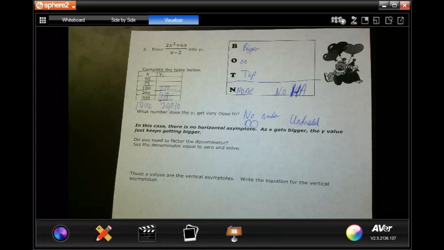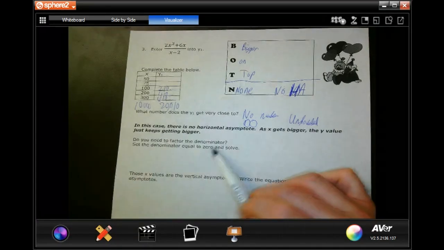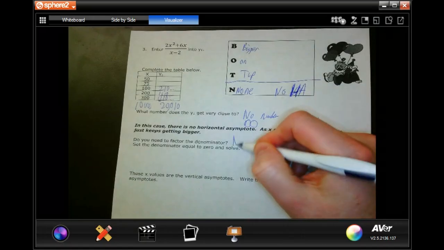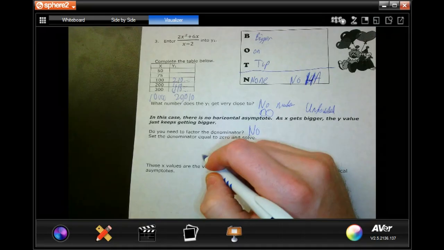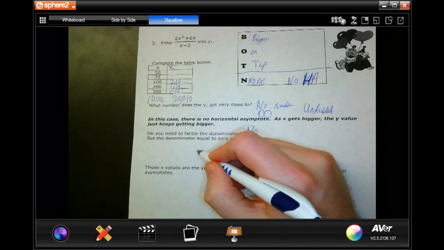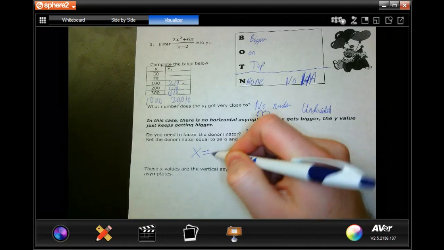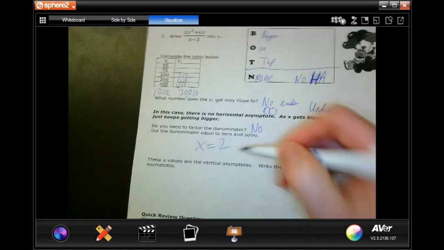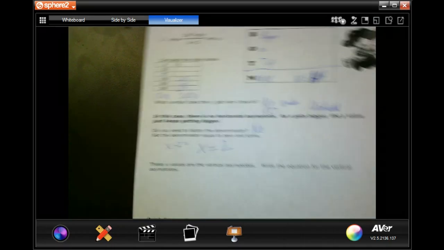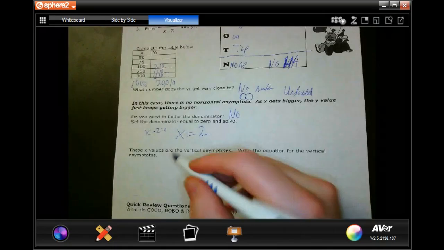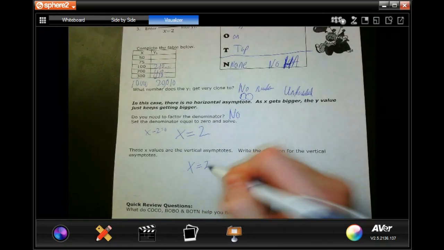Well, we just want a horizontal asymptote here. We're not looking for the remainders or what a value would be. The question is, do you need to factor the denominator? The answer is no. If you set the denominator equal to 0, what do you get? Yeah, x equals 2. You just said x minus 2 equal to 0. That's the denominator set equal to 0. So these are the vertical asymptotes. There's only one. It's x equals 2.